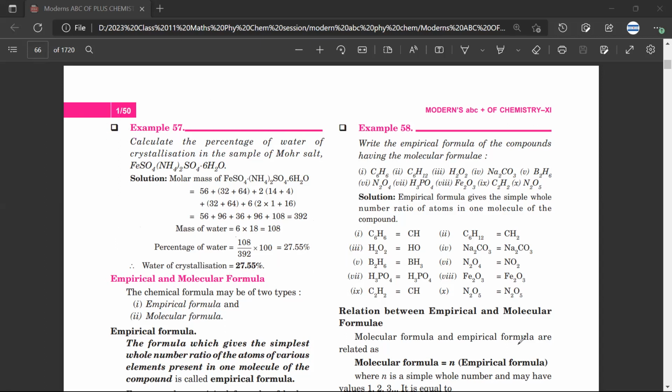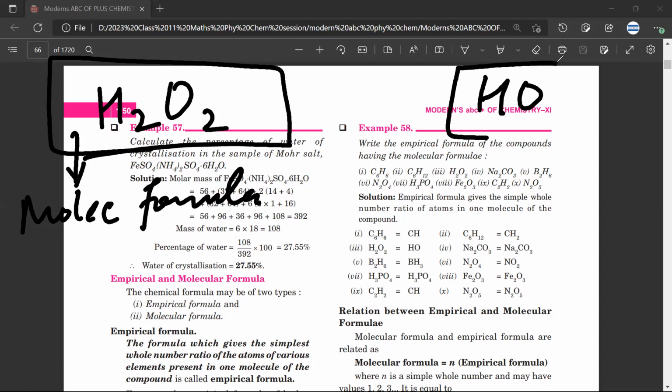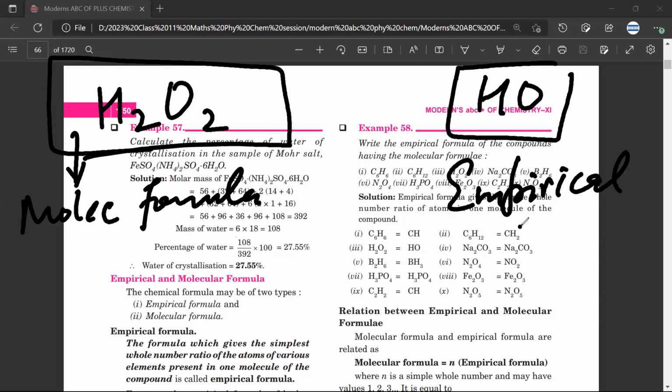And again, using one or two of these examples, I want to clarify another thing, so that when we are doing these complicated questions regarding empirical and molecular formula, your concepts are clear. So for example, take the case of H2O2. Now H2O2 is the molecular formula, and HO is the empirical formula.